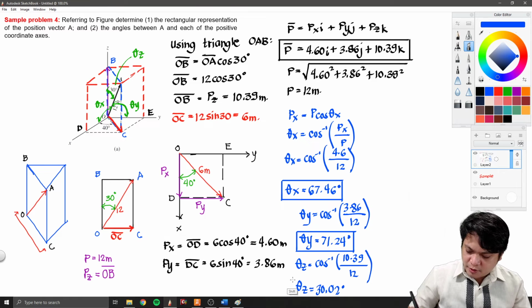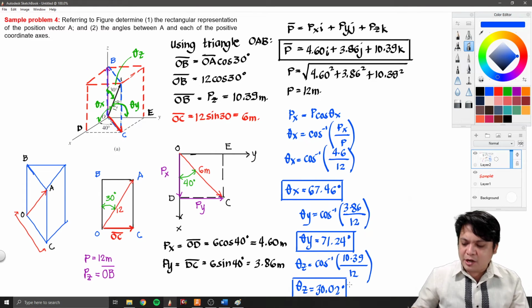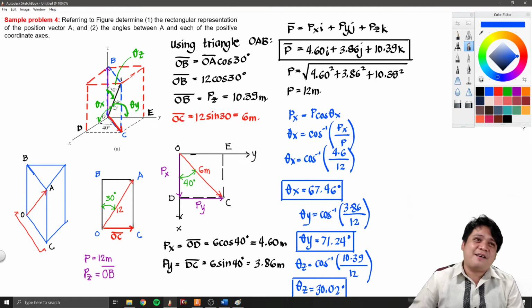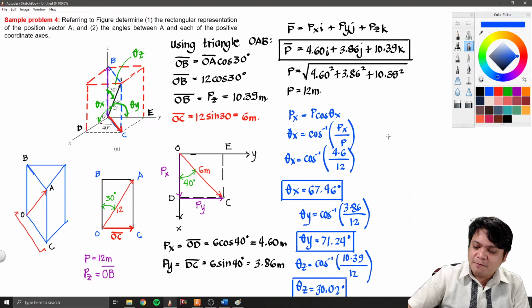Okay? So, eto na yung tatlong directional angles. Sir, paano naman natin ma-check kung tama? Paano natin masasabi kung tama, no? So, what we will do is parang relation ng Pythagorean. Okay, using the Pythagorean relation.